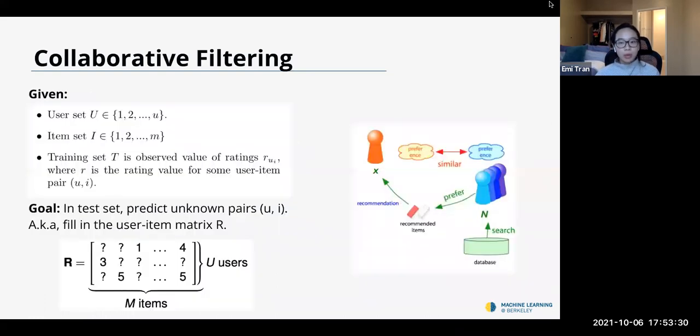Mathematically, we're trying to represent the problem of finding what to recommend to user X. You have this new user X, who has some sort of preference, and n other users, and you're trying to find the similarity between X and the n other users.